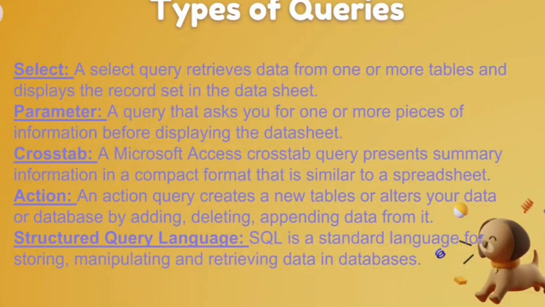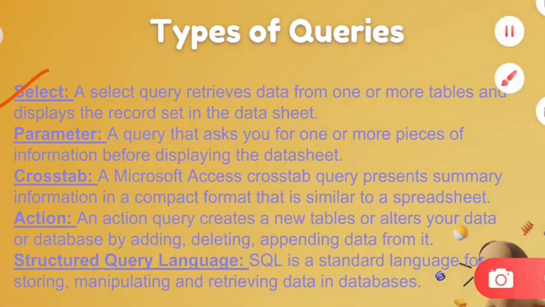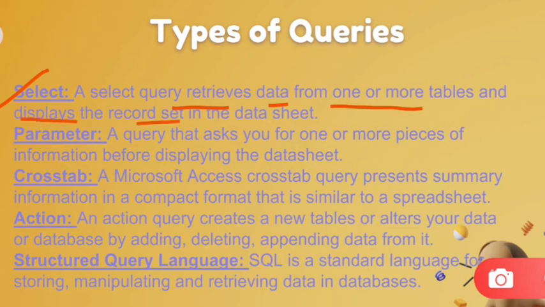The first query is a select query. What is a select query? A select query retrieves data from one or more tables and displays the record set in the datasheet. With this select query, you can retrieve information from two or more tables.